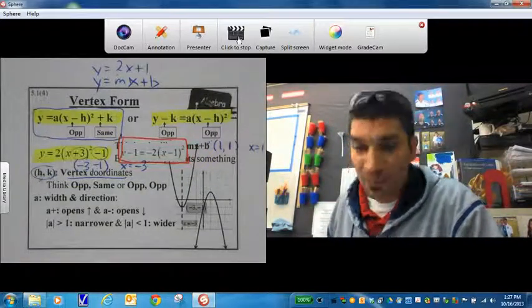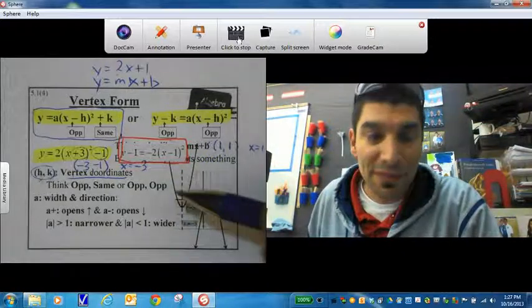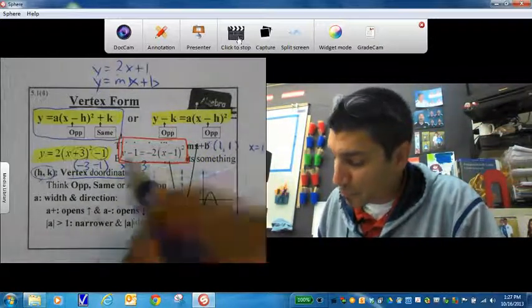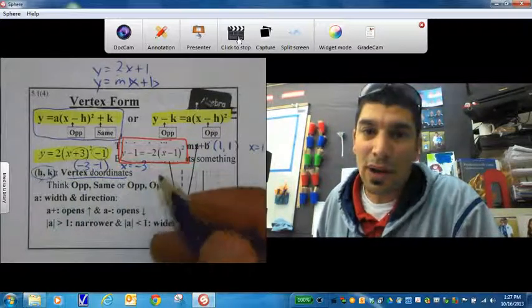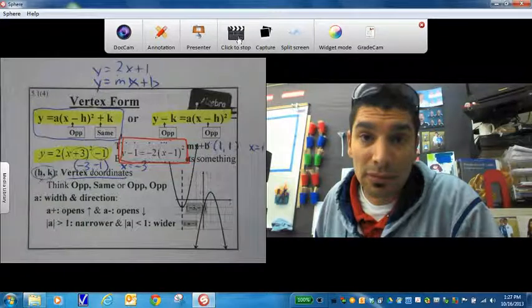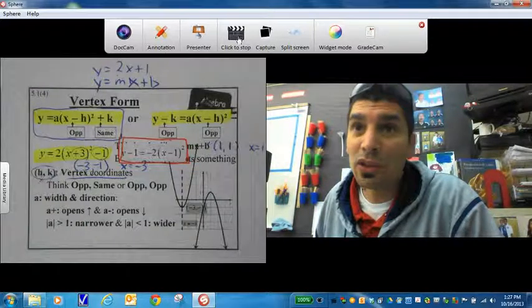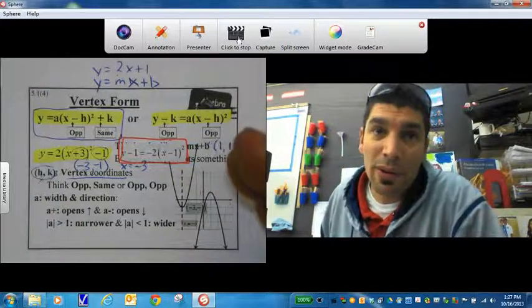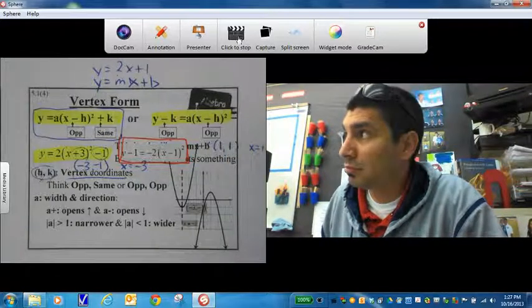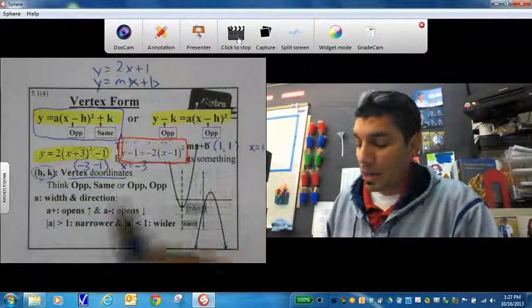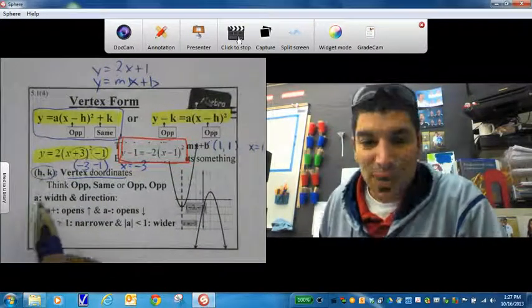All right. Now, let's say I want to graph these things. I just have to make sure, now I know where the vertex is, now I know where the line of symmetry is, I just have to know whether I open it up or I open it down. I have to know whether it's wide or whether it's narrow, or whether it's skinny or whether it's fat. You know what I mean. So here we go. What tells me whether it opens up or down?